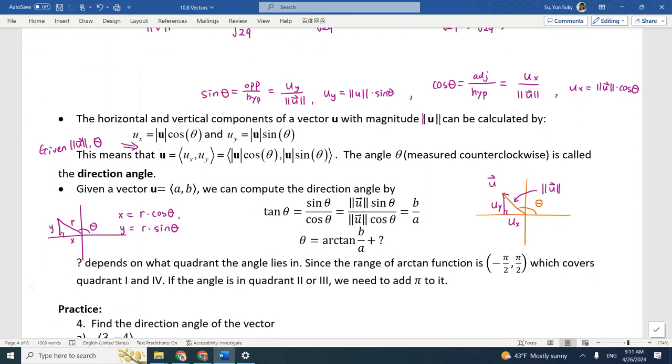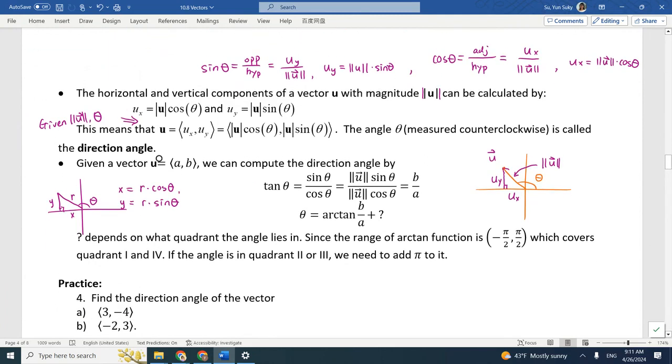But if a vector is given in component form, can we find the magnitude and the direction angle? By the way, theta is called the direction angle. Given a component form, how can we find the direction angle? Look at tangent theta.